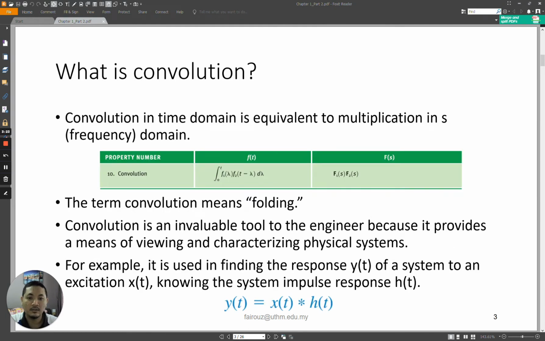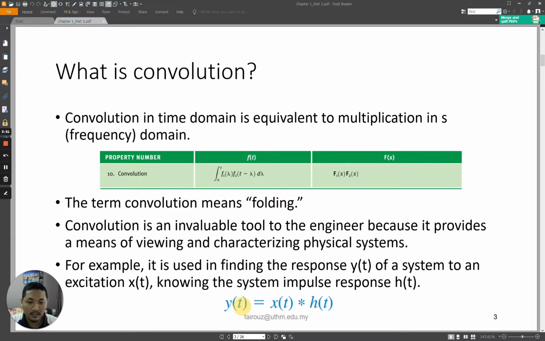You can see that it is easier to solve this in S domain rather than in time domain, because the time domain involves multiplication and integration, but in S domain it is a simple multiplication. But that is the idea at the moment.